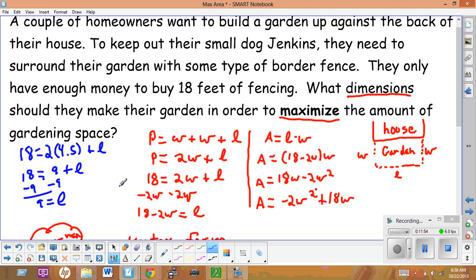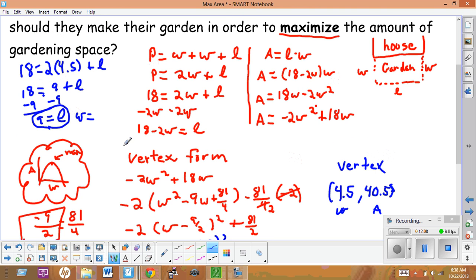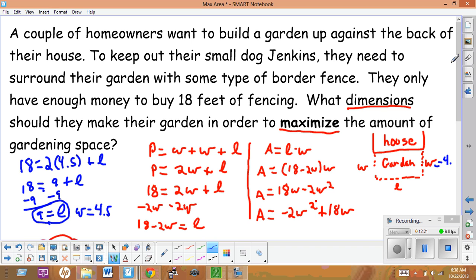So 18 is equal to 9 plus L, or L is equal to simply 9. So our dimensions that make this work are a length of 9 and a width, which we found down there, of 4.5. So if we look back, we can say, okay, if we make our garden, oops, sorry about that.